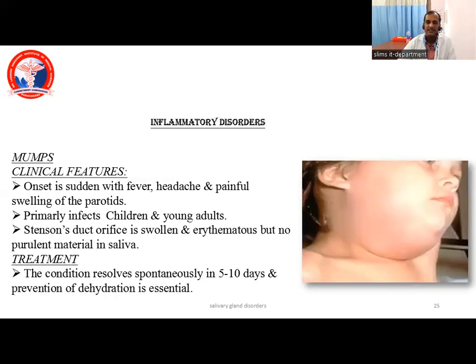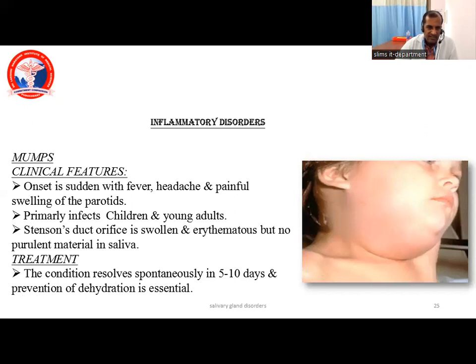Now, the other condition with regard to the inflammatory disorders is mumps, a viral infection with sudden onset with fever, headache, and painful swelling of the parotid glands, and most commonly affects children and growing individuals.